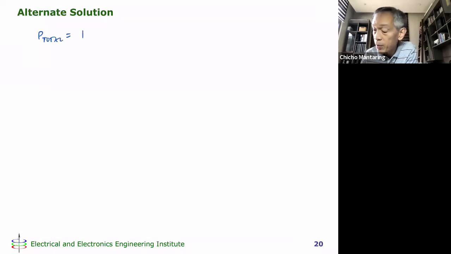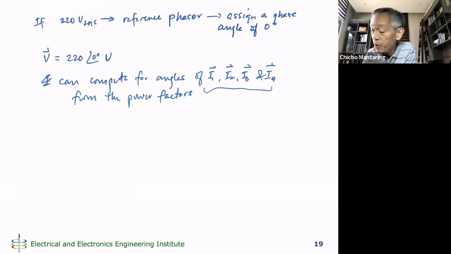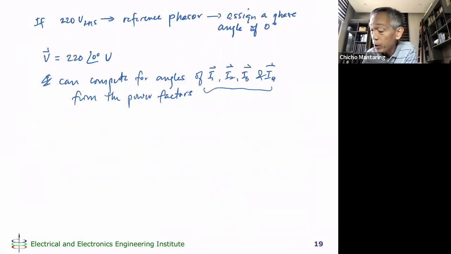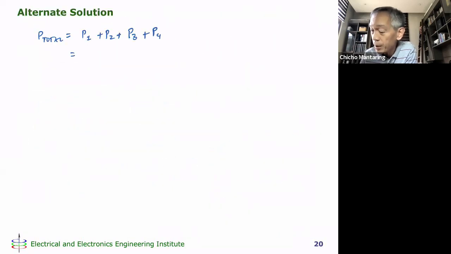P total is P1 plus P2 plus P3 plus P4. Alam na natin yung P1, P2, P3, P4. That's 2 kilowatts plus 3 kilowatts plus 500 watts plus 1 kilowatt.